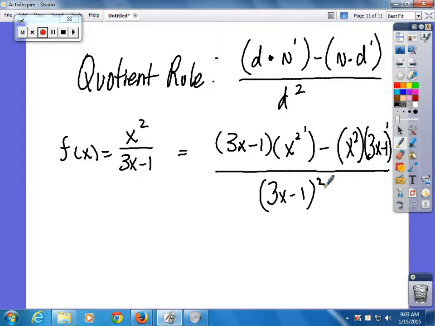And I'm just going to take a red marker and make that prime red so y'all will know you're going to take the derivative.